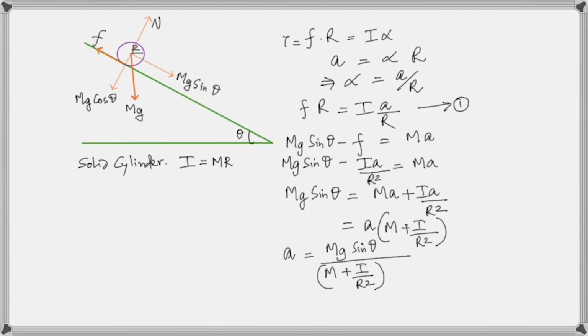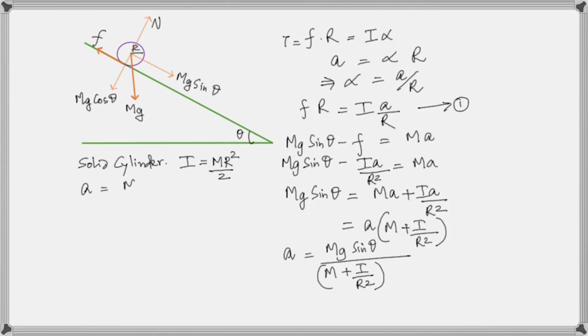If it's a cylinder, it's mr squared by 2. Remember, I will depend on the shape of the object. If it's a sphere, it's 2 by 5 mr squared, and if it's a cylinder, it's mr squared by 2. It's the same as that for a disk. So now, assuming it's a cylinder, I is mr squared by 2.